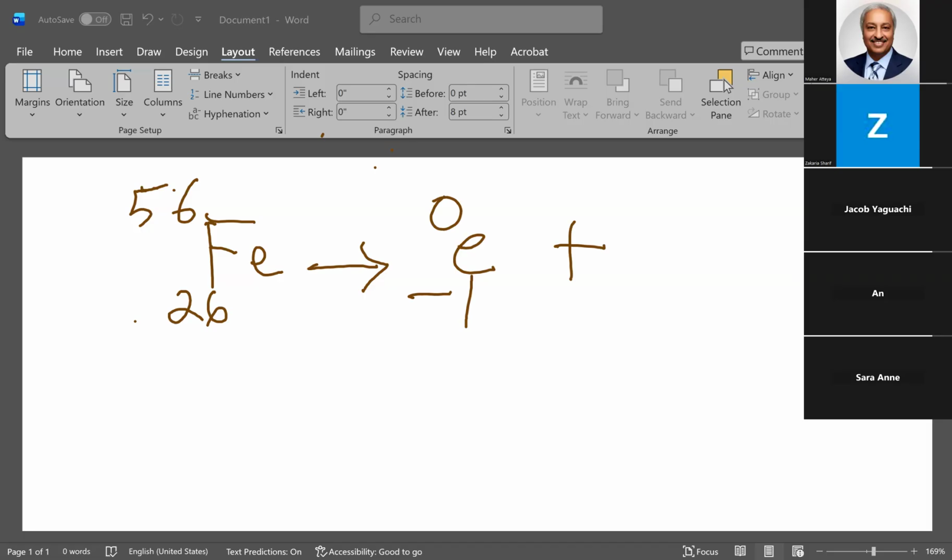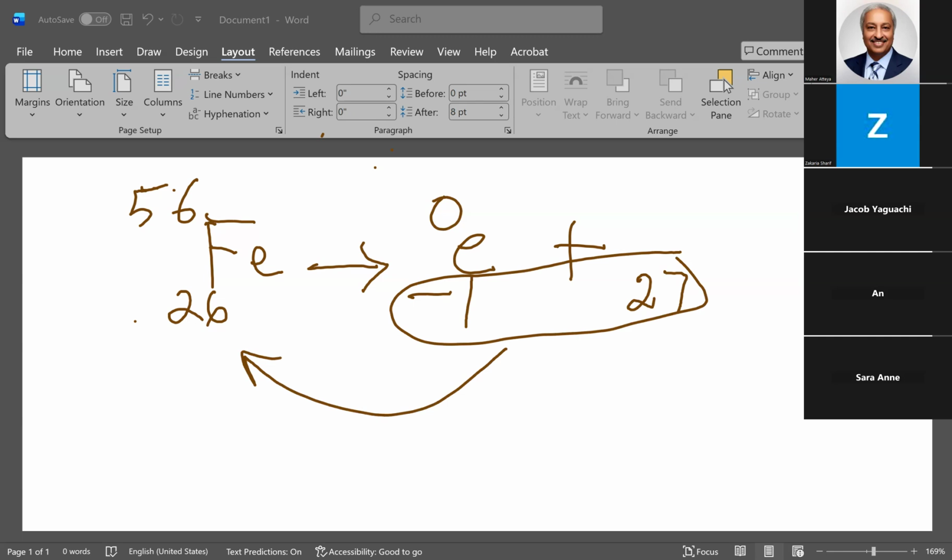We can recognize the element by atomic number. 26 plus 1 is 27, and if you subtract the 1, it gives you 26. On top there is no change because that's 0, so 56 stays as is. Both add up to equal the number there.